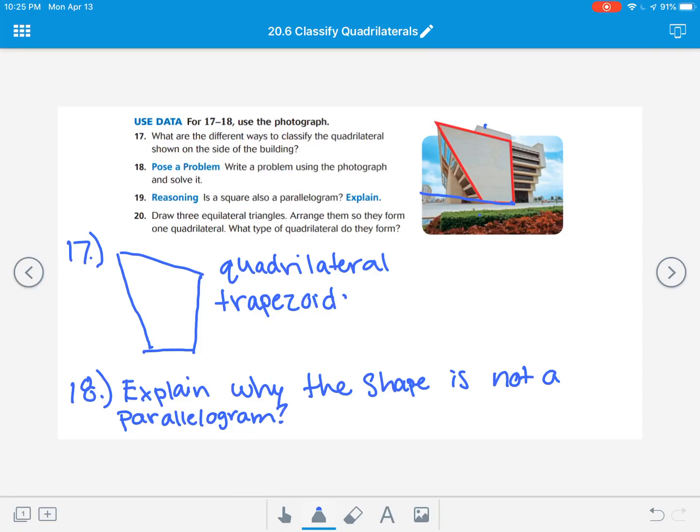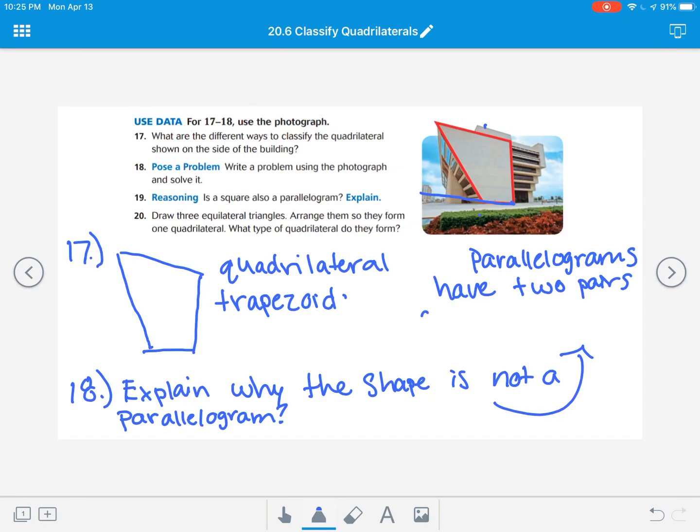Now I'll solve it for you. The shape is not a parallelogram because it does not have 2 pairs of parallel sides. So I'll write in my notes here: parallelograms have 2 pairs of parallel sides. You could copy my problem or make up your own and write the answer to it.